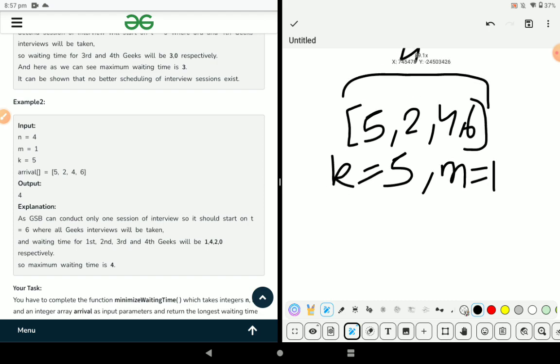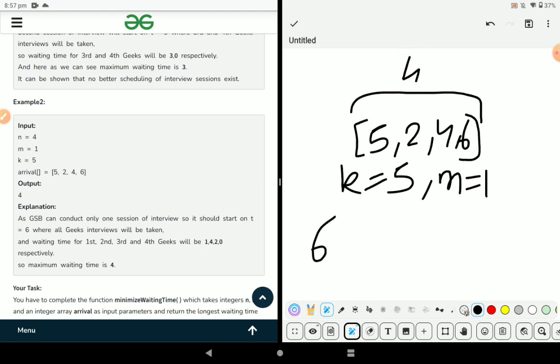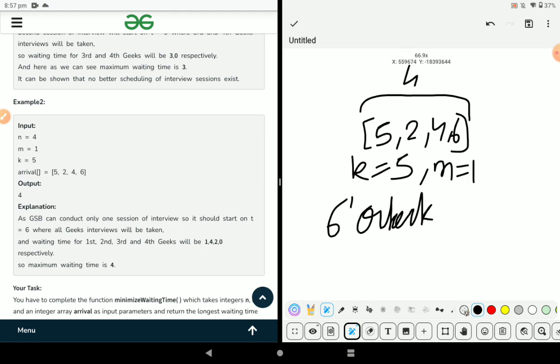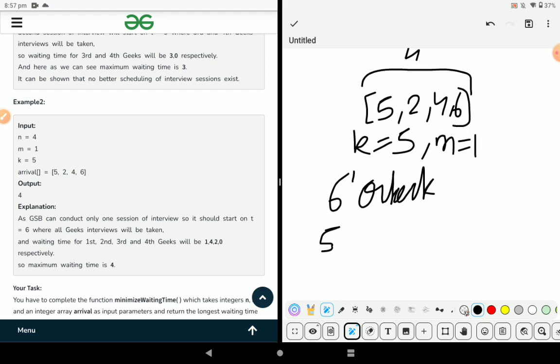So the interview will start at 6 o'clock. At 6 o'clock it will start. So basically the person who came at 5 sat for 1 hour. The person who came at 2 o'clock sat for 4 hours.